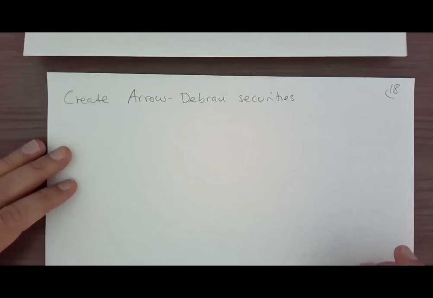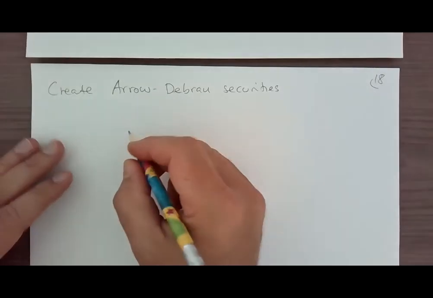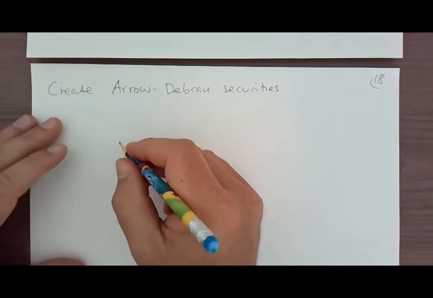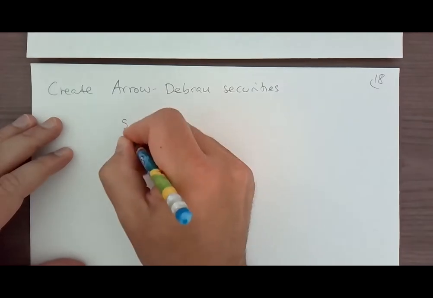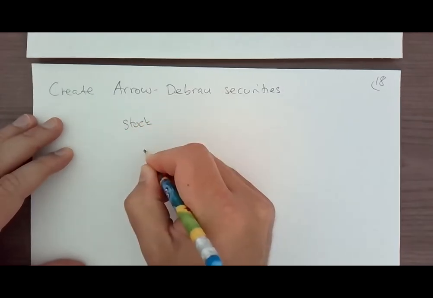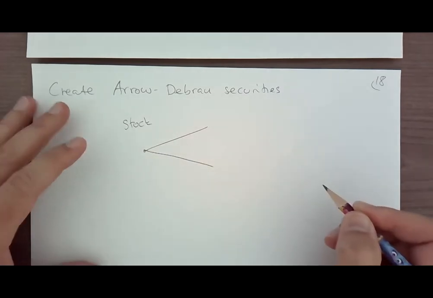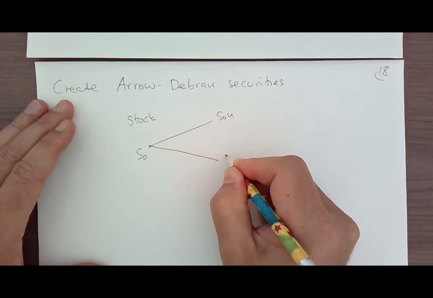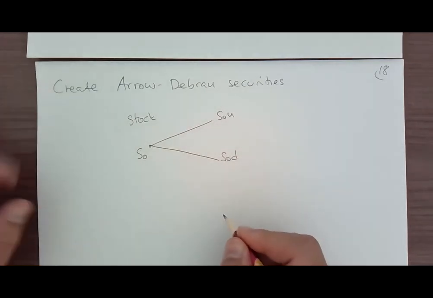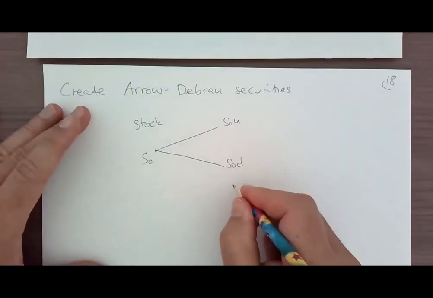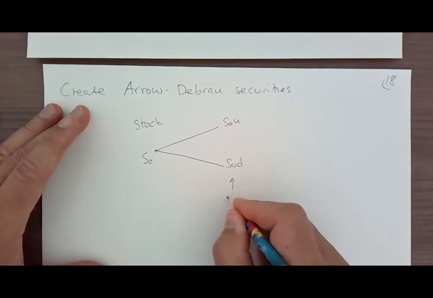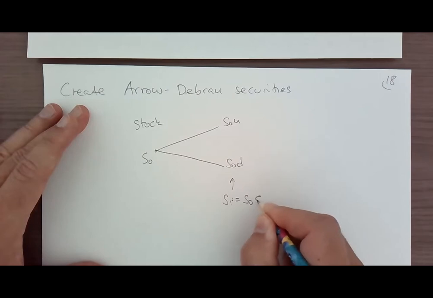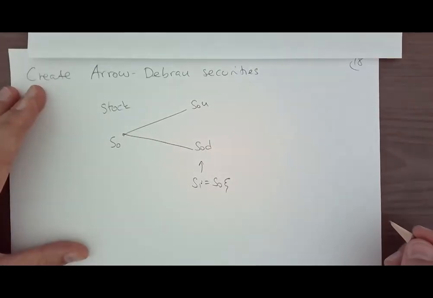So how do we go about doing that? Well, we're going to have our model. We're going to have our stock. So it goes from S0 up to S0 times U, and S0 times D. This here is S1. It's nothing else than S0 times this random variable psi.